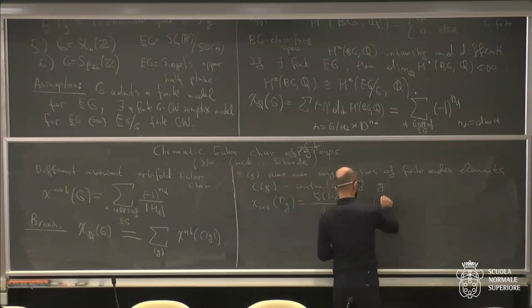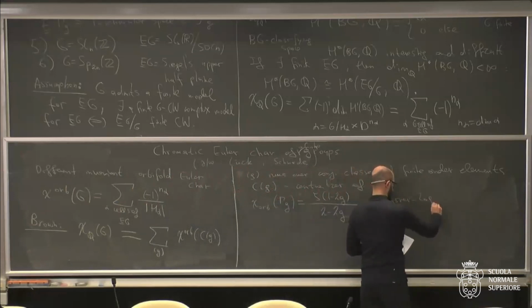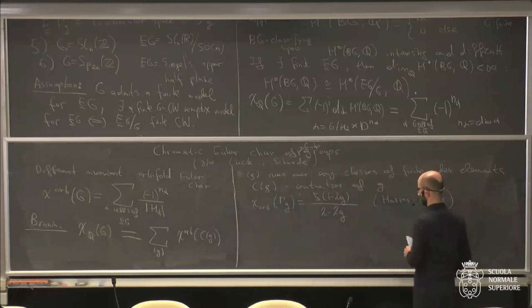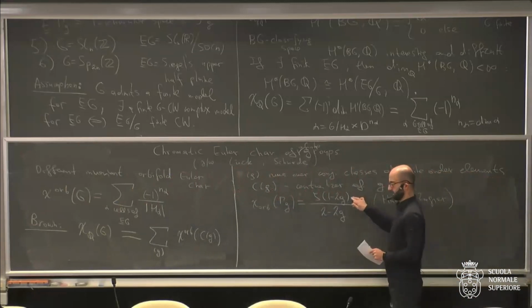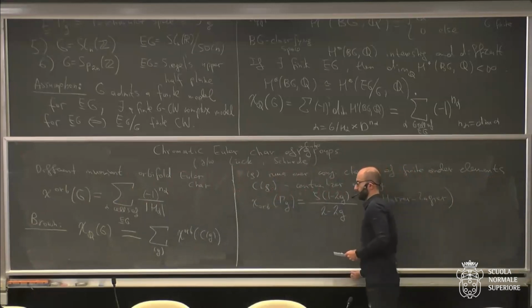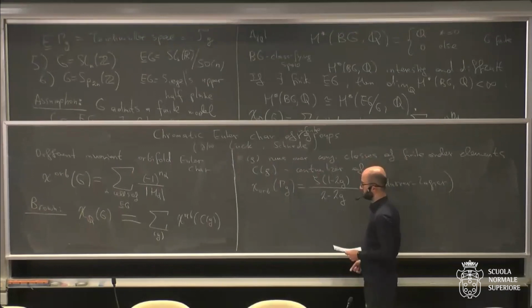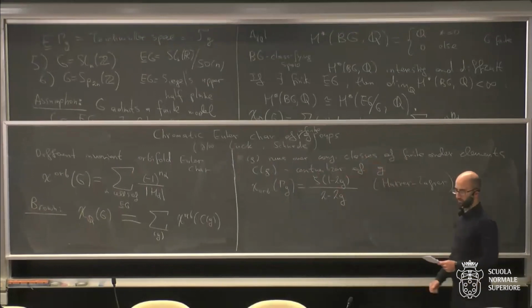This is a result by Harer and Zagier. So this is an interesting number, it turns out. These numbers are quite well studied. They are, of course, describable in terms of Bernoulli numbers.